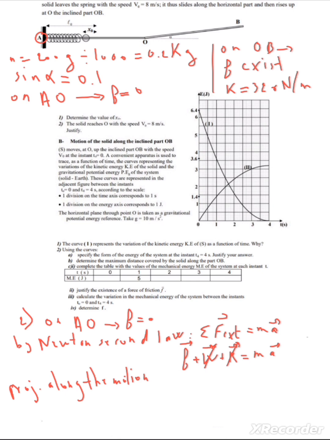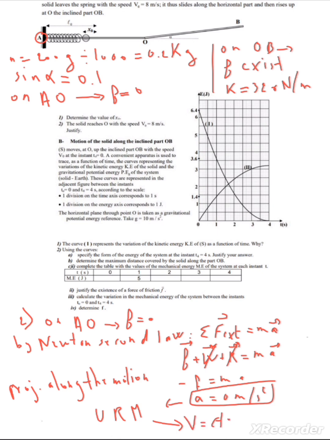So friction, which is opposite to the motion, minus F equals m a, while friction equals 0, so we obtain a equals 0, the acceleration equals 0 meter per second square. So the motion is URM, uniform rectilinear motion. Therefore, velocity is constant, so V at O equals v0 equals 8 meter per second.